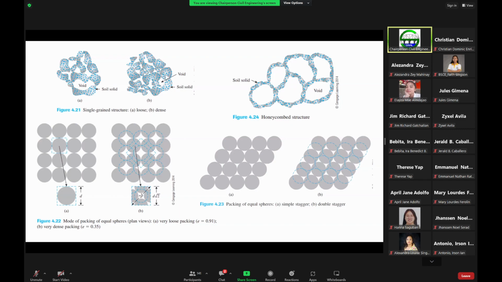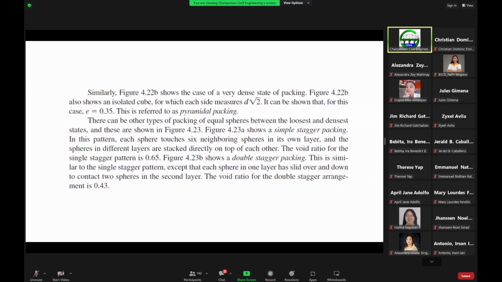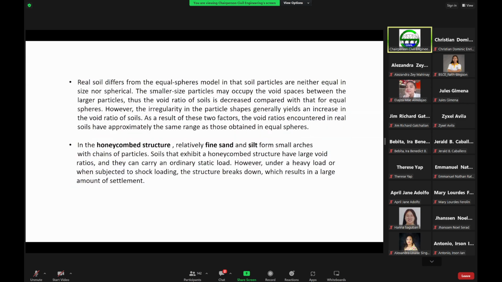Okay, so again, the void ratio is defined as the volume of voids to the volume of solids. Now, real soil differs from the equal spheres model in that soil particles are neither equal in size nor spherical. We are now talking of the real soils.